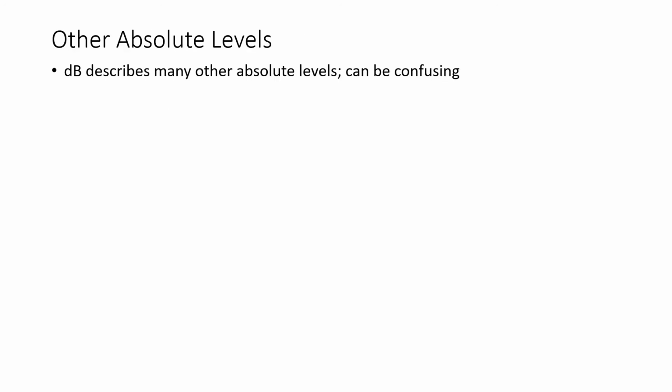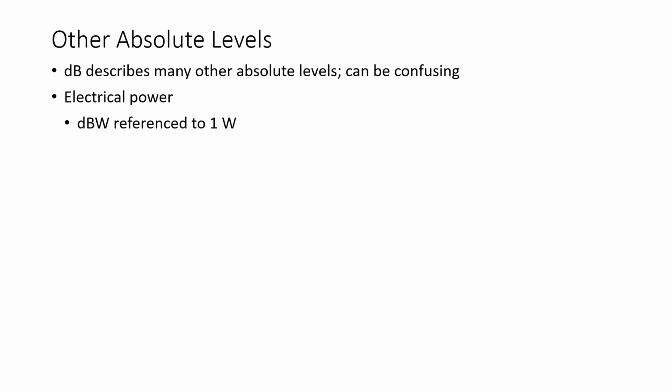Now, in electronics, things get a little bit confusing because the dB is used to describe other absolute levels. So we have to be aware that the dB can describe things other than an absolute power level with respect to 1 milliwatt.